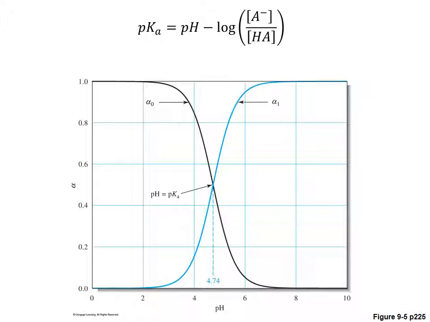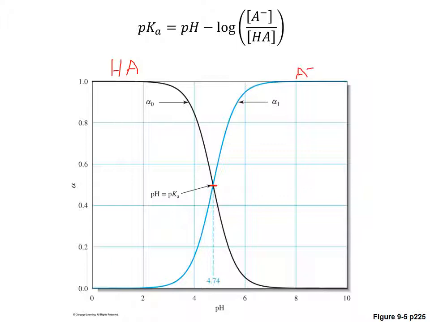So if we look at a pKa of 4.74, just as an example, at the point when our pH equals our pKa, we'll have the exact same concentration of A- as we do of HA. So this graph would indicate the presence of HA, the black line. The blue line would indicate the presence of A-. When we're at the pKa, they're exactly equal.